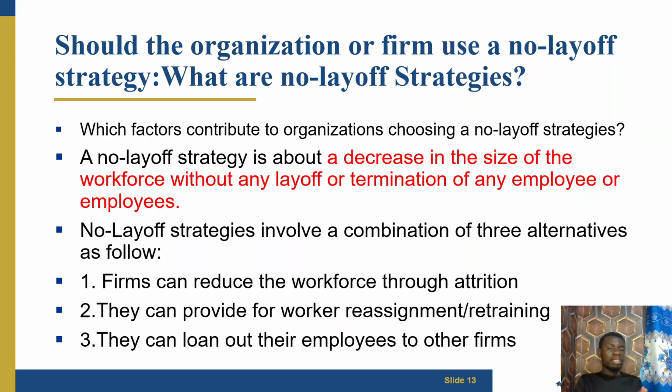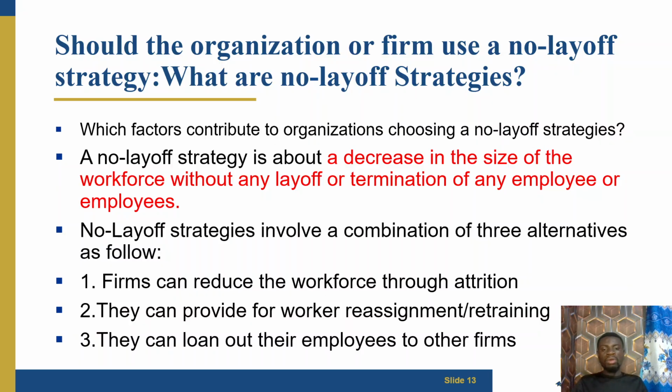So somebody from the procurement department, or the secretary at the procurement department, may be asked to move from the procurement department to maybe the academic affairs or the admissions office. So that is the rotation of workers, or reassignment or retraining. You may decide to also retrain them.